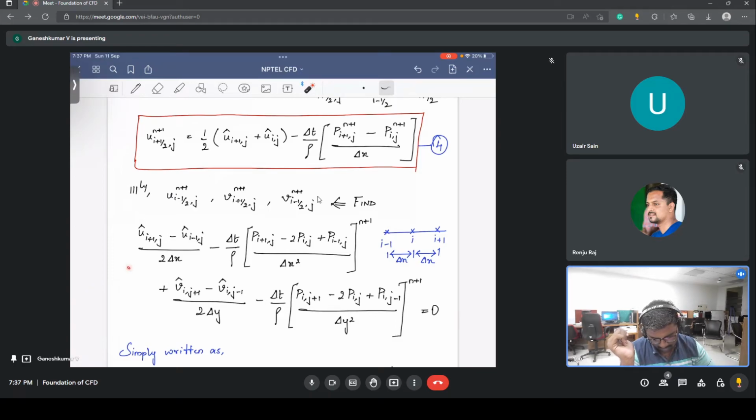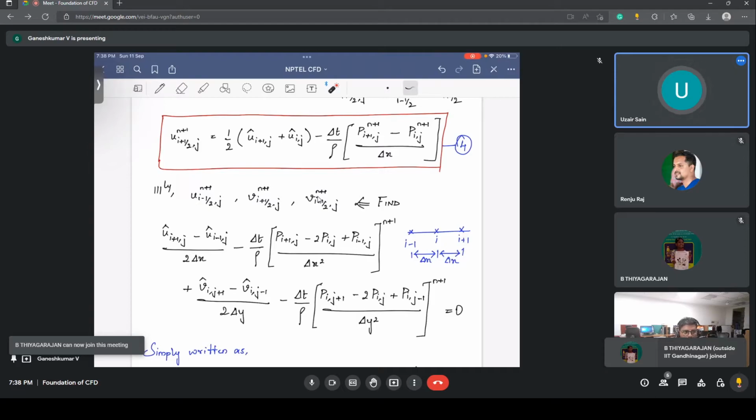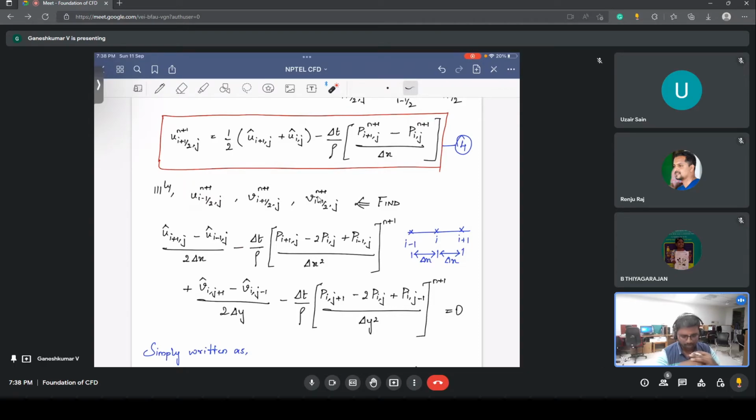So what is this approximation? This equation comes from which approximation? Central difference. Right. So this term is actually central differencing for which property? For the predicted velocity, right?